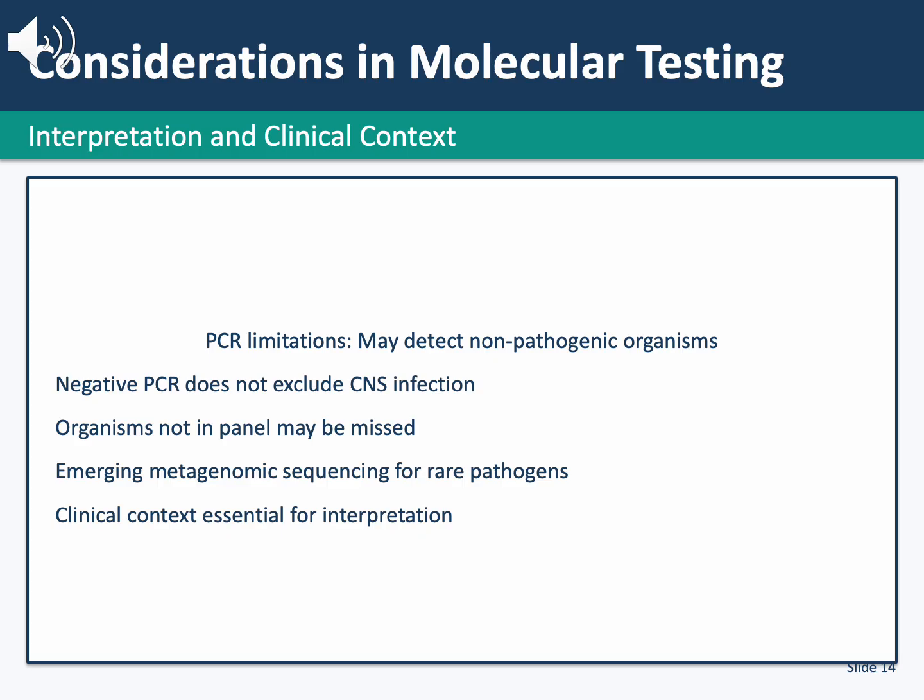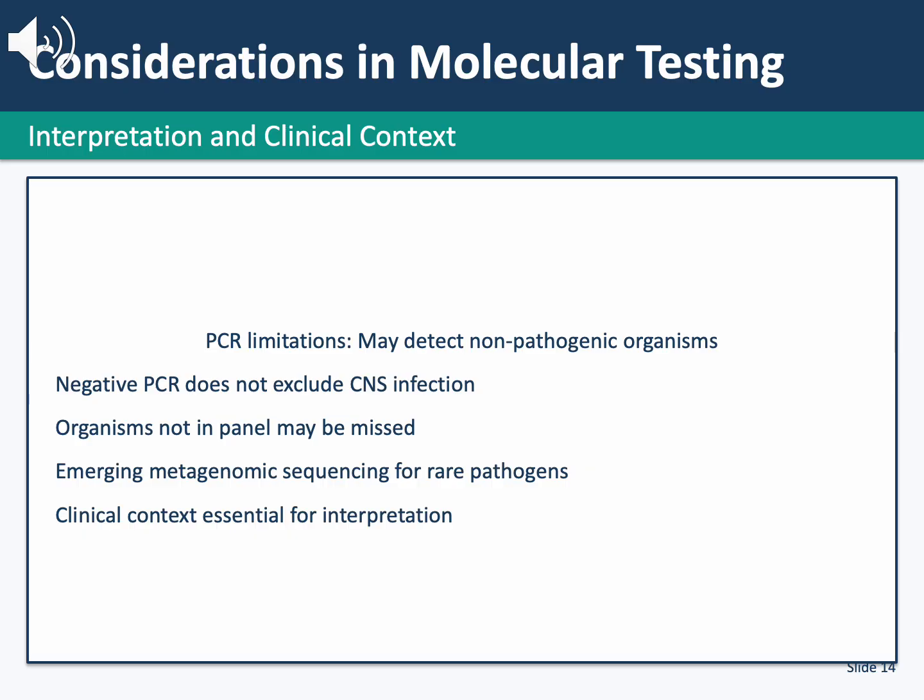Despite the promise of novel molecular diagnostic techniques incorporating multiplex nucleic acid amplification of common CNS pathogens, diagnosing CNS infections remains a challenge. Molecular testing has limitations that must be understood. PCR may detect organisms that are not the cause of CNS infection, such as colonizing bacteria or asymptomatic viral shedding.